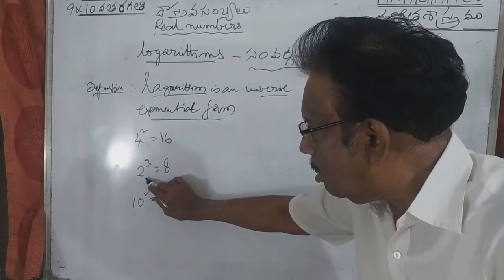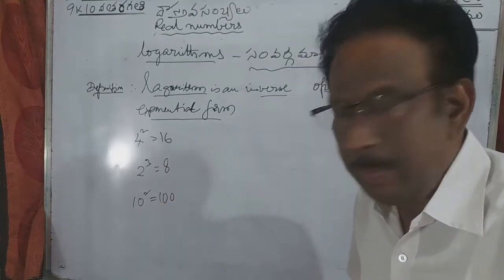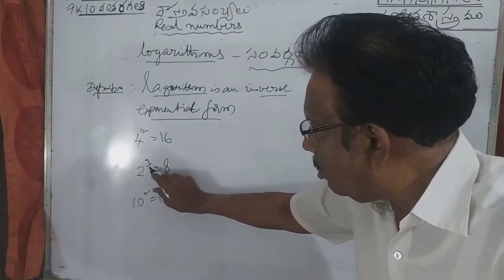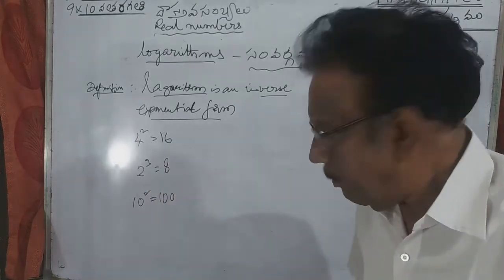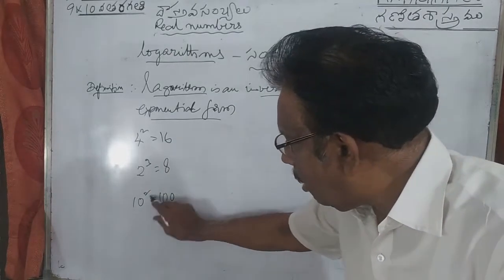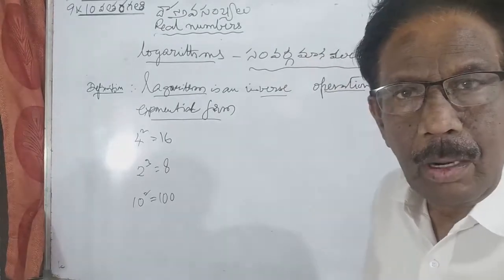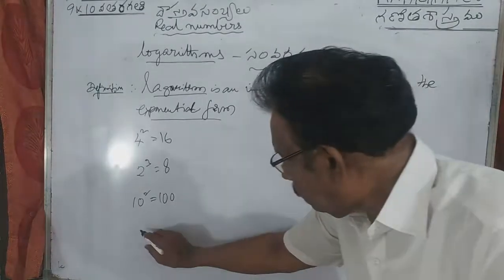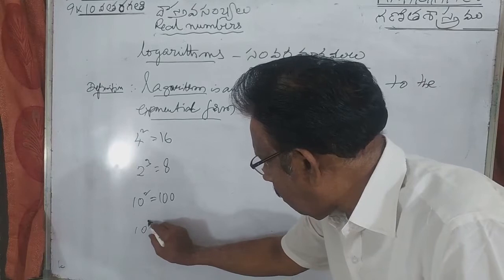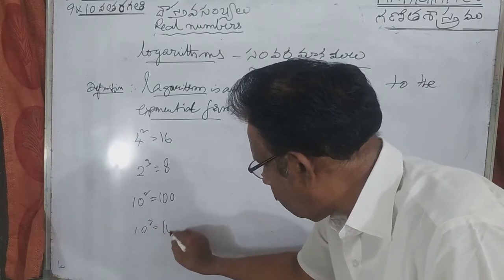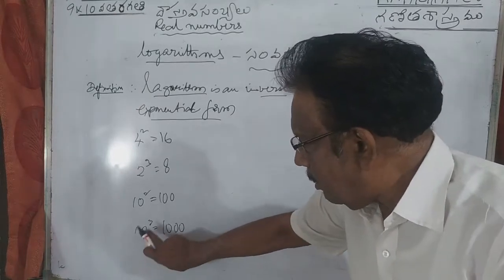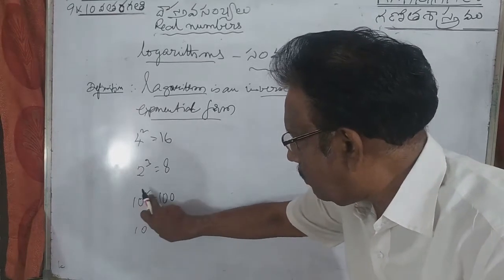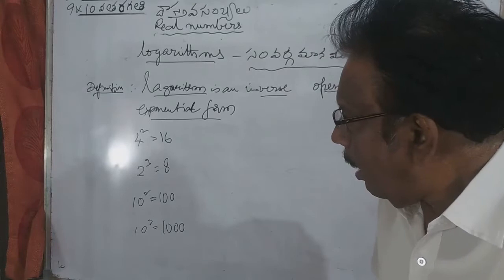That is, 2 is the base, 3 is the exponent here. 100 is equal to 10 square. 10 cube is equal to 1000. So for the base 10, the exponent is 3, and for base 10, the exponent is 2 here.